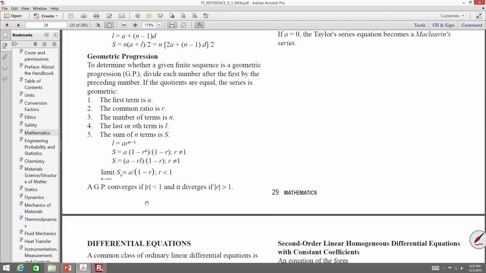So we're dealing with a geometric progression, and we need to determine whether a sequence is geometric or not, and we already have that. So we've got a couple terms that have been defined for us in a couple of different formulas. So let's look at this. The first term is A. Isn't that what we're after? We're after A, right? The common ratio is R, the number of terms is N, the last or nth term is L, the sum of N terms is S. Let's just keep this simple. All right.